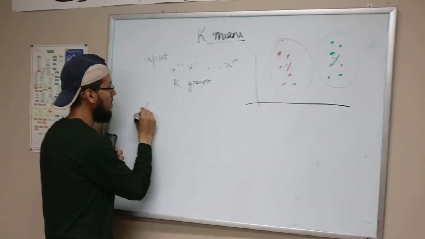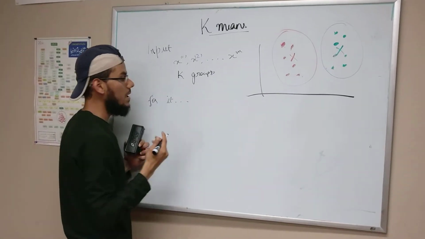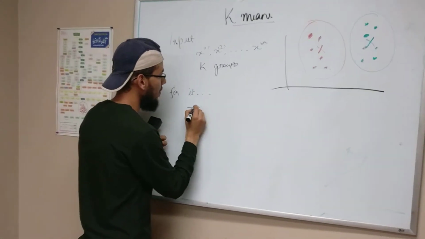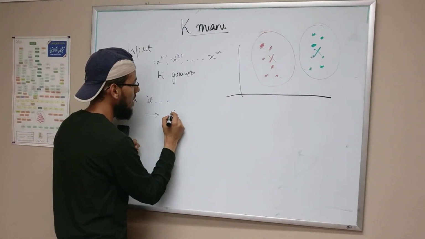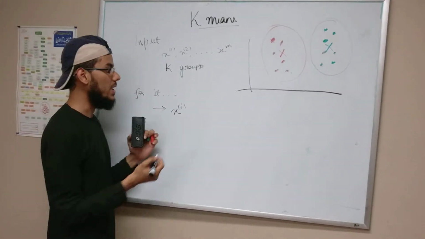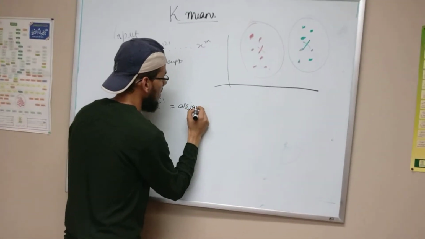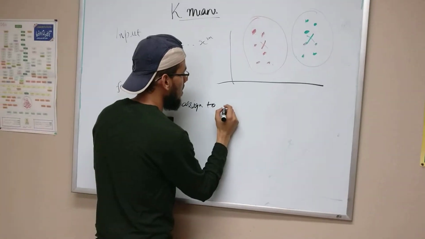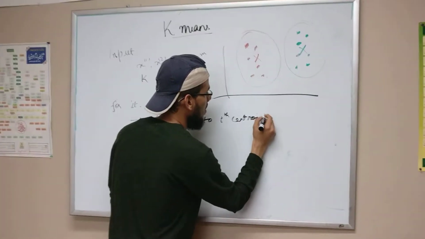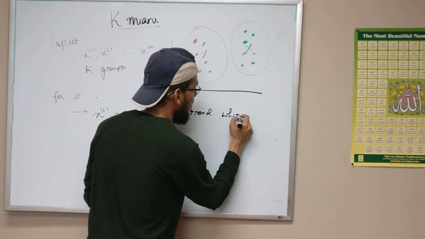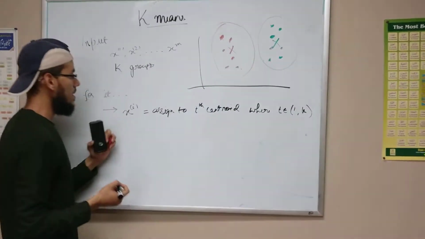So for, say, iteration t, there are two steps. In the first step, you assign each of these x_i, that's the data point, to one of the centroids, assigned to the tth centroid, where t belongs to 1 to k. This is the first step.